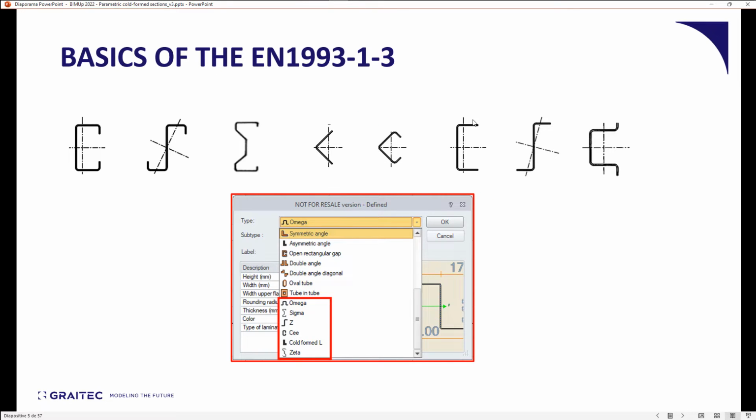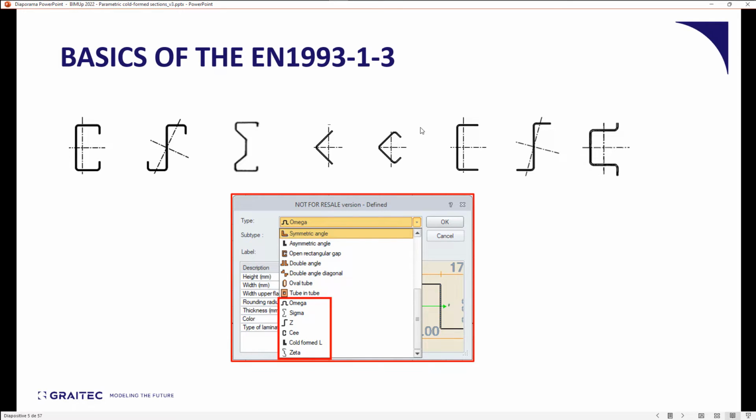So here you get a sample of the common cold-formed sections you might have in building practice. You see we have a lipped channel there, we have a Z section and a sigma section, which are often used as purlins or side rails.